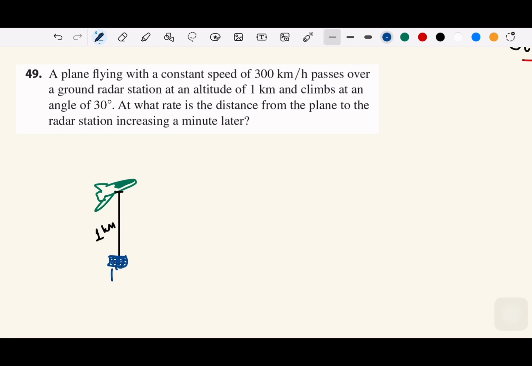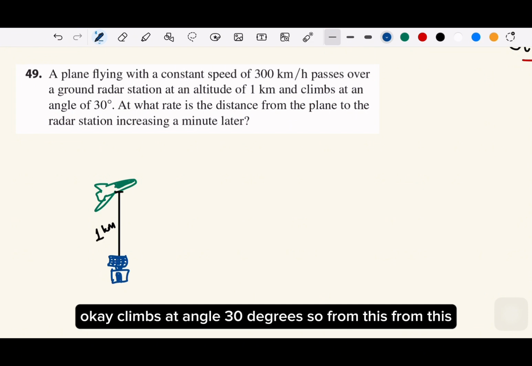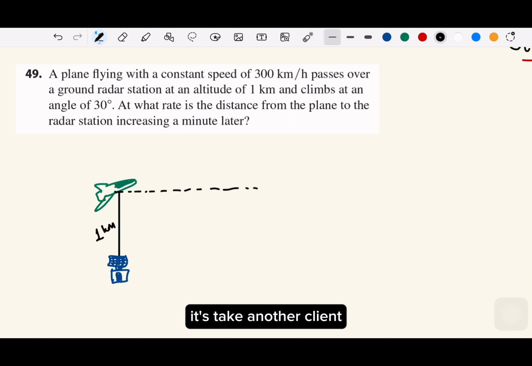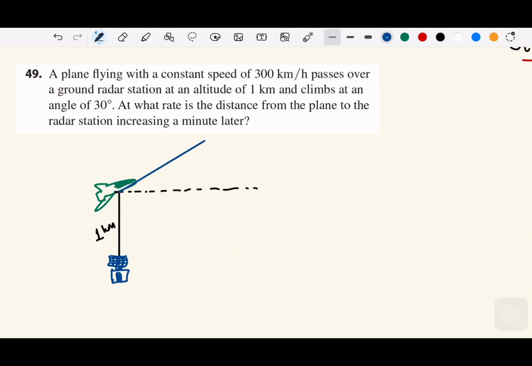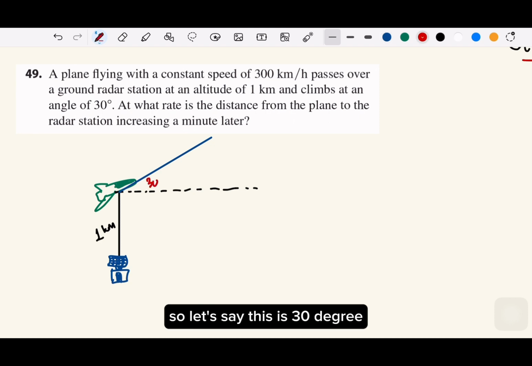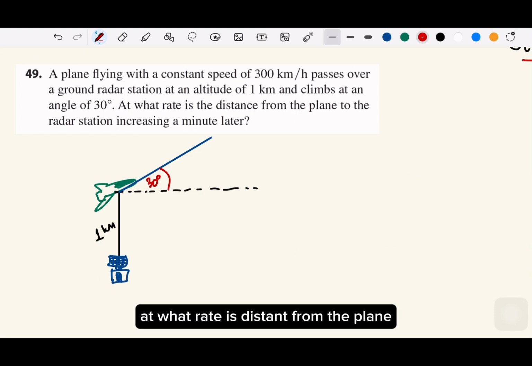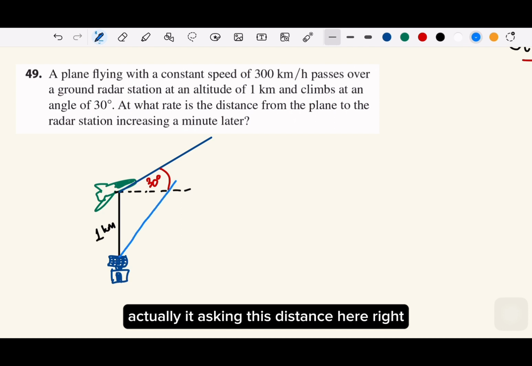Okay, climbs at angle 30 degrees. So from this, it takes another climb. So let's say this is 30 degree. At what rate does distance from the plane to the radar increase? So it's actually asking this distance here, right?